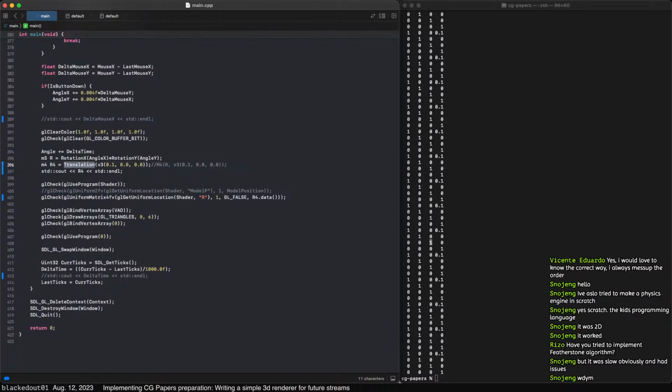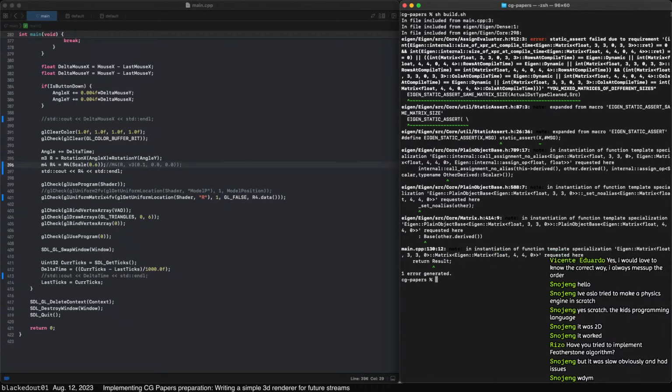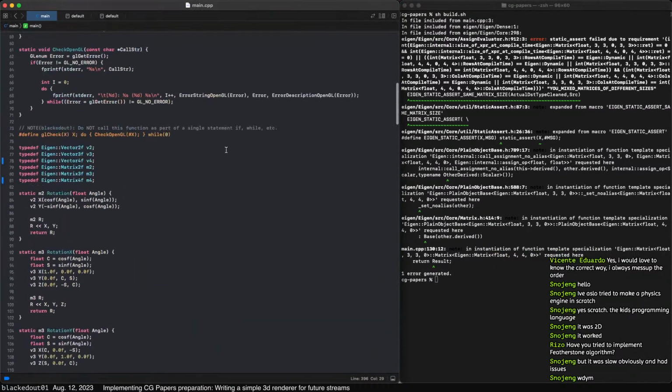So, and if I use this scale matrix here, the rectangle should just get smaller. Whoa. Okay, maybe that doesn't work.